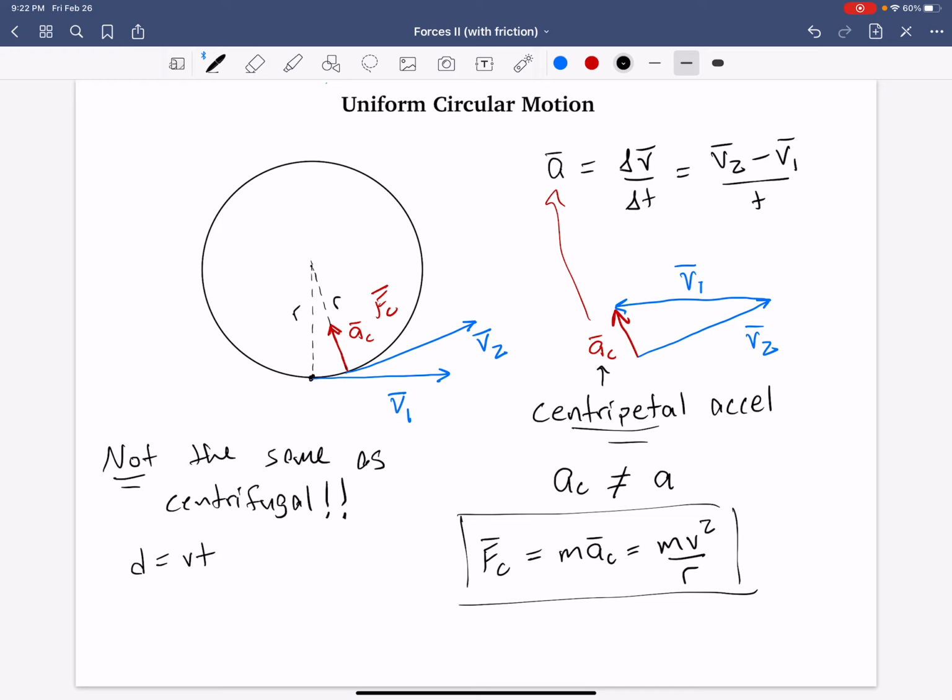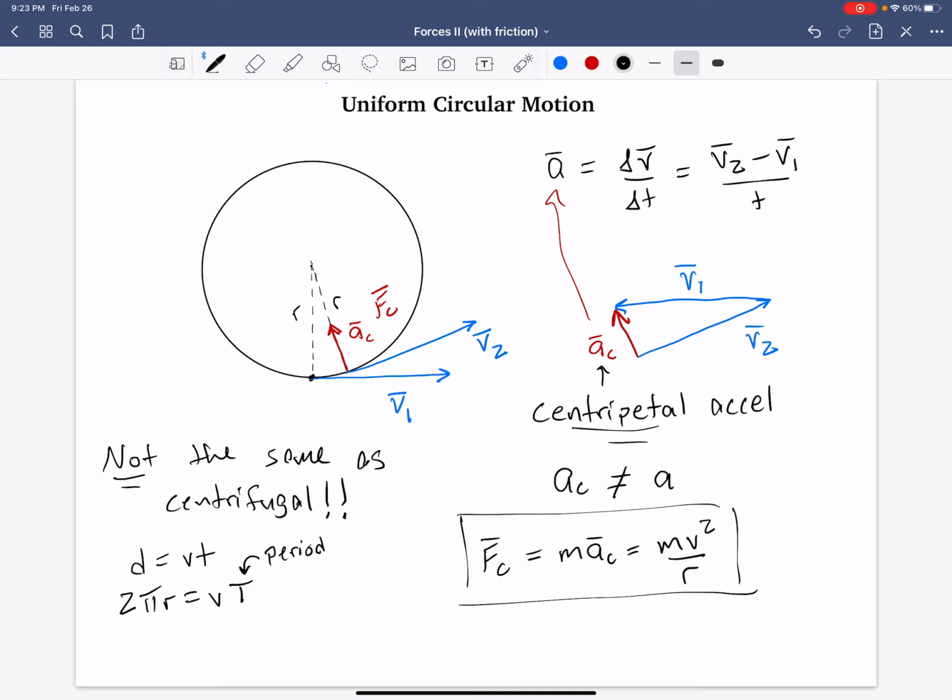The distance of a circle is simply the circumference. So 2 pi r equals v times, in this case, we write time as a capital T. I know, you're used to capital T being a tension. I know it. When doing uniform circular motion problems, capital T is known as the period. It's the time to complete one cycle or one complete revolution.